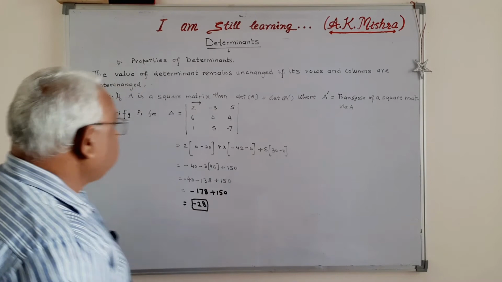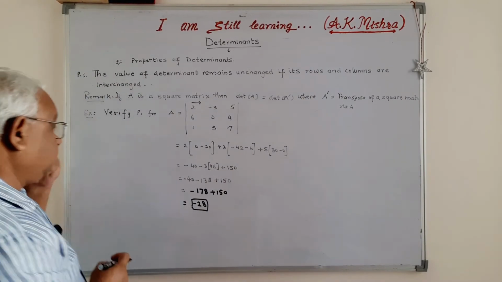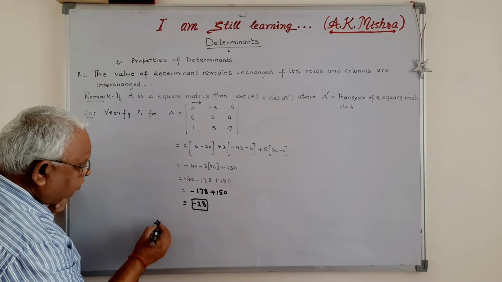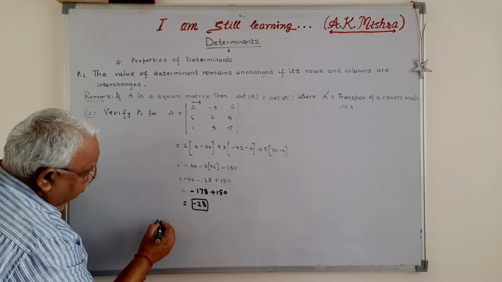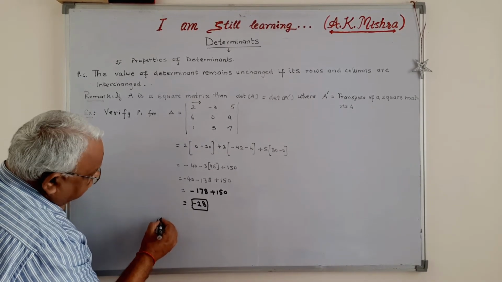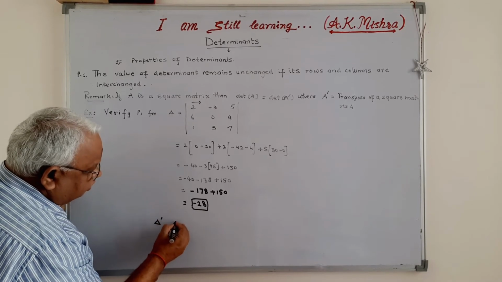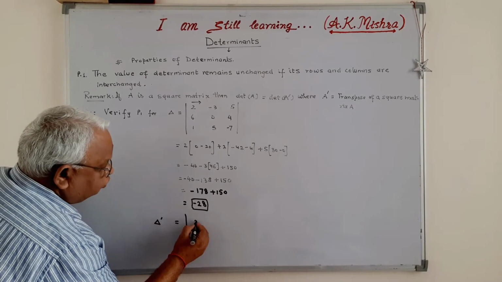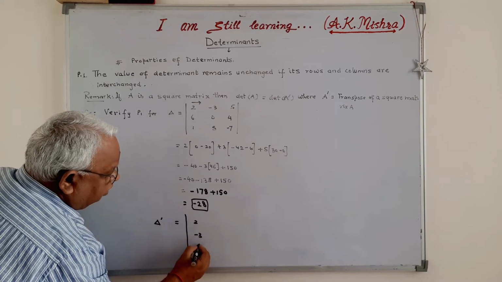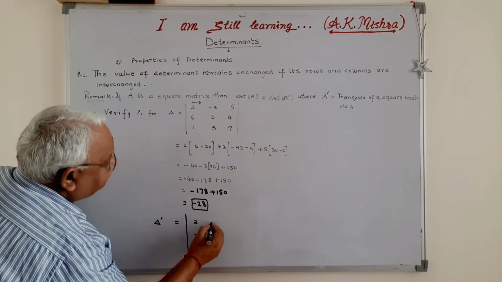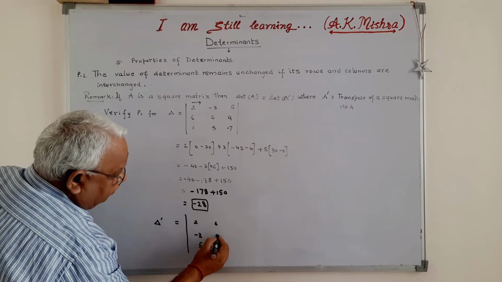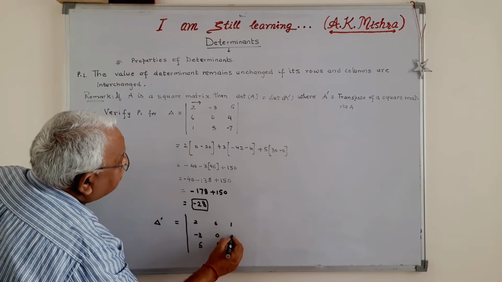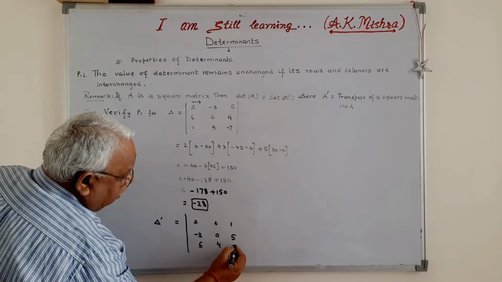And let us now change it to delta dash, which we write as 2 minus 3 5, 6 0 4, 1 5 minus 7.